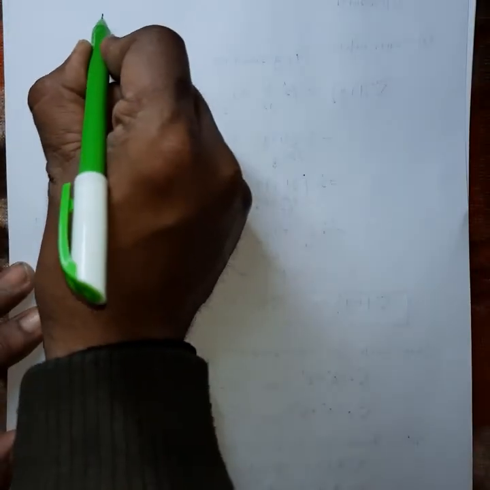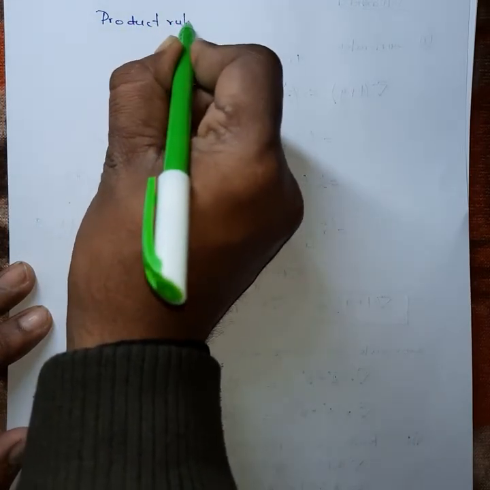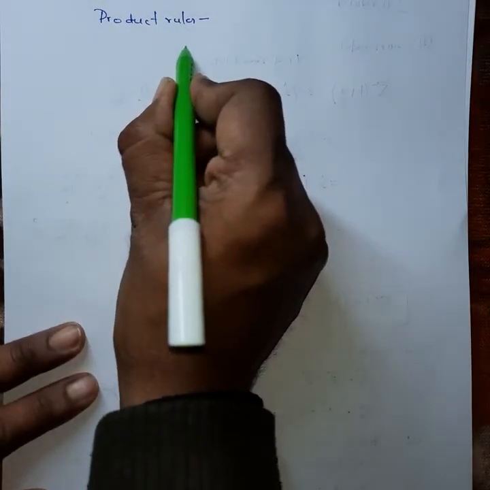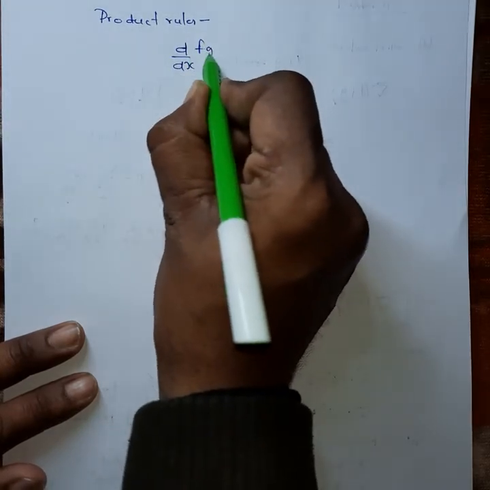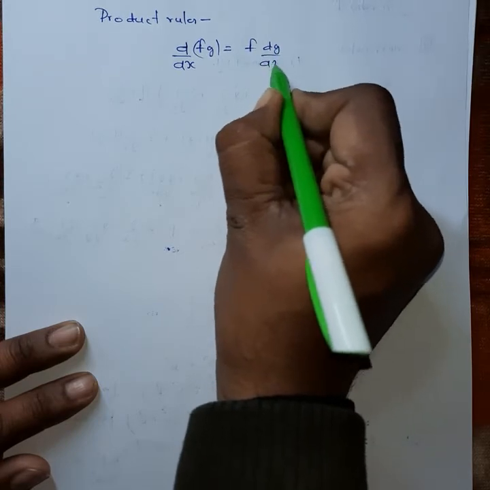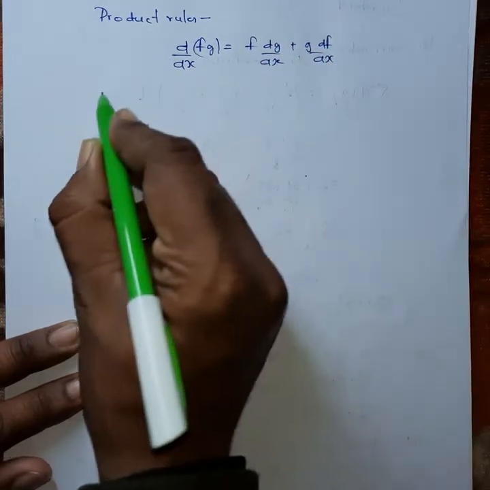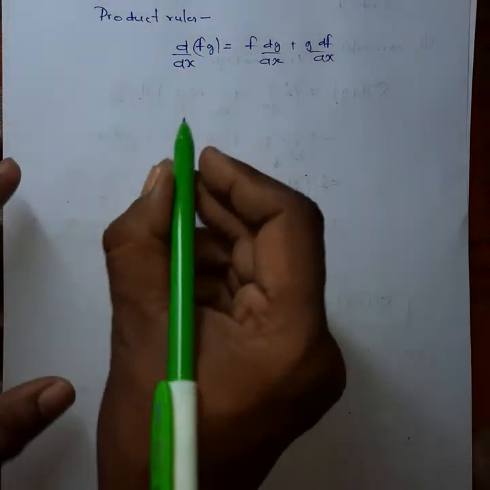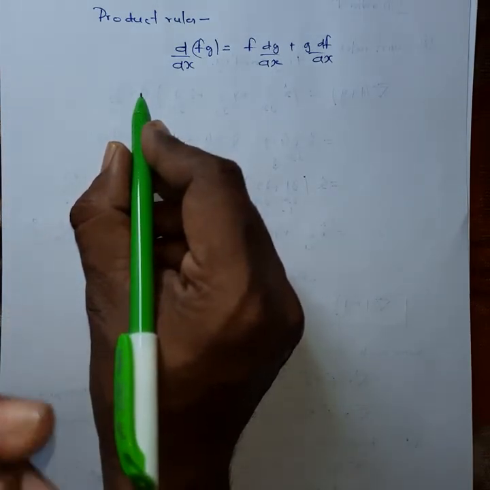So let's discuss the product rules for vector derivatives. As we were saying, the product rule for ordinary derivatives was d dx of f g is equal to f dg by dx plus g df by dx, but the product rule for vector derivatives is not very simple. So let's first construct the scalar and vector functions.